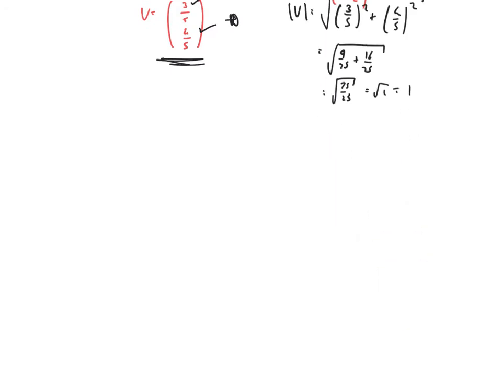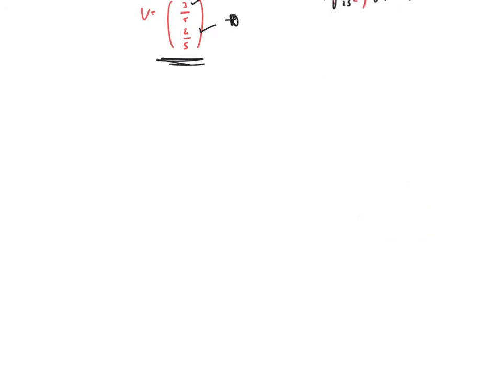So this time we're going to find the unit vector which is parallel to the vector Q, and I'm going to say that the vector Q then is -6, -8.